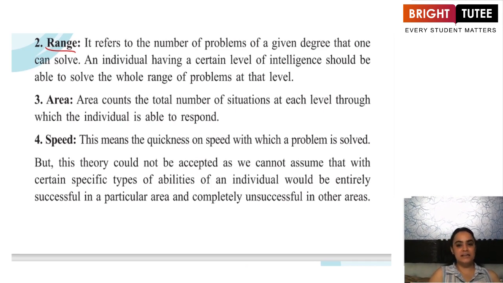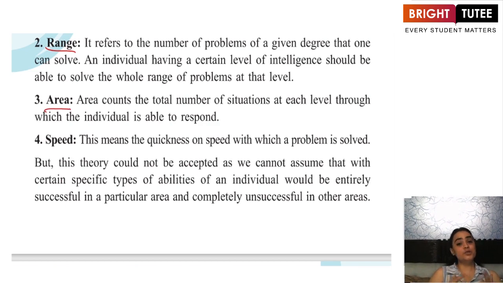So basically, how well and how quickly you are able to solve the number of problems of a given degree, how well you are able to solve the problems pertaining to the high achievers, is going to determine your level of intelligence. Next, we have area.